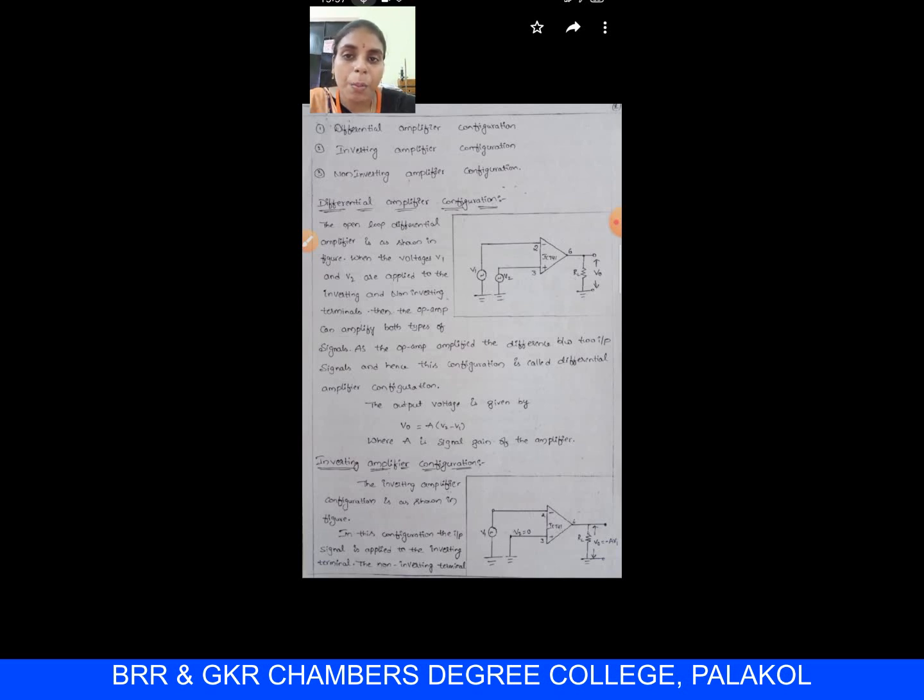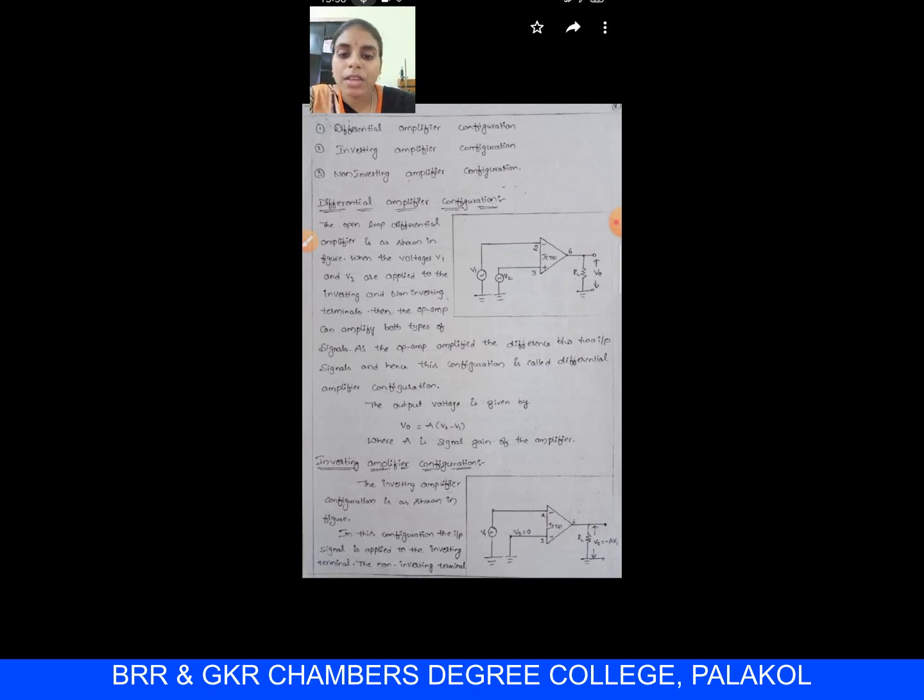That means the output produced is directly proportional to the difference of the two input voltages, so the output voltage is equal to A into (V2 minus V1). Here A is the gain of the amplifier, V2 is the voltage source applied at the non-inverting terminal, and V1 is the voltage source applied at the inverting terminal.